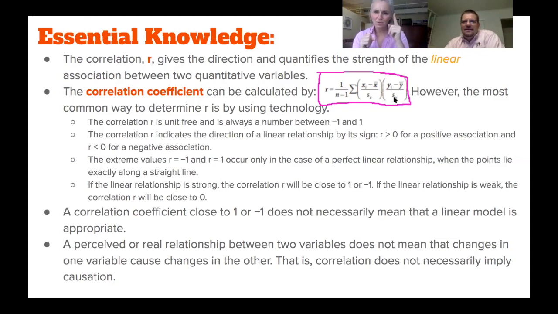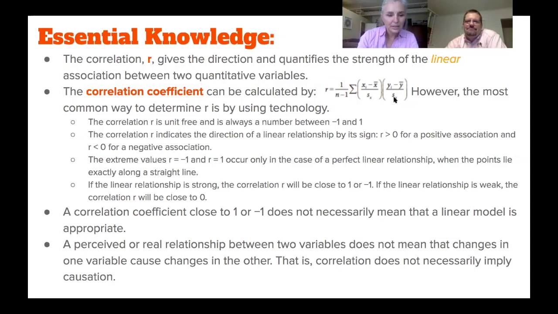Now we have the z-score of my x variables and the z-score of my y variables, and then I'm going to multiply them all together. It is important for us to look at the formulas and have some frame of reference just in case somebody asks us some really complicated questions about R values. We can go back to the formula and ask, what would happen?